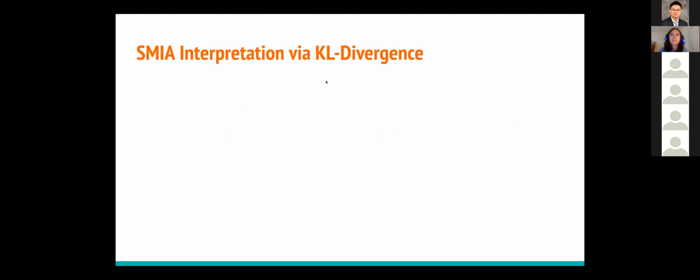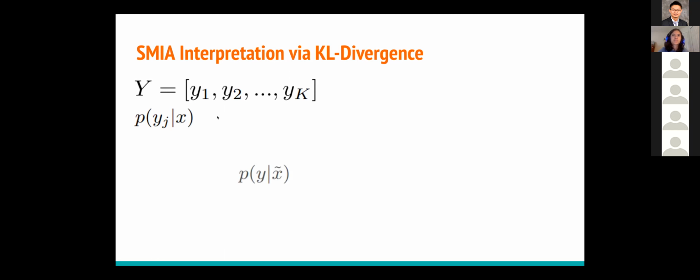So now we'll analyze the stabilized method from the perspective of KL divergence, which is just a way to quantify how different two distributions are. Here we want to measure how different the distributions are for the perturbation before and after modification. So we'll let y represent the different states that our model could output, and p will represent the probability of getting some class y when we put an input x into our model.